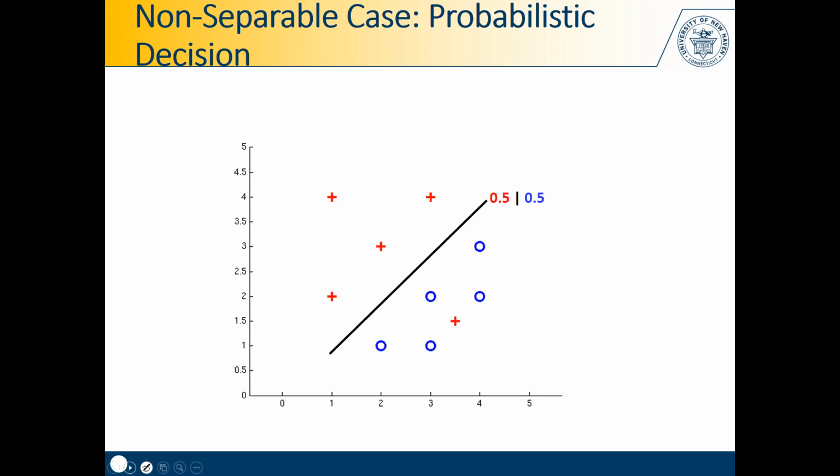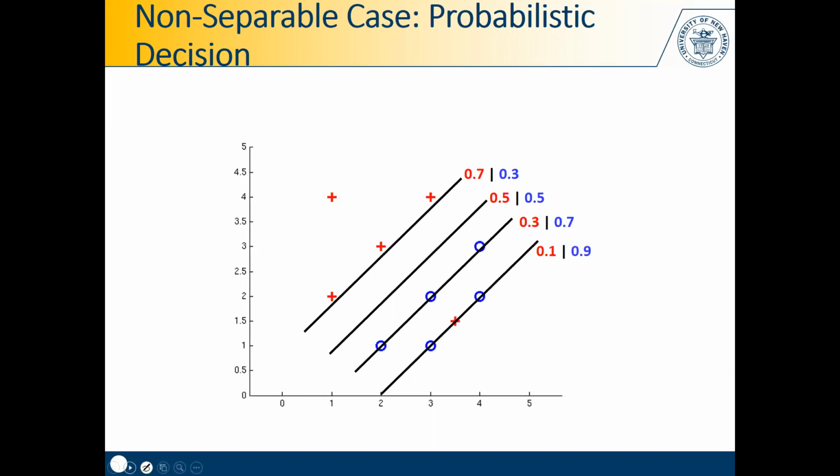To make it more clear, let's look at another example. Everything that lies on this line has 30% chance of being red and 70% chance of being blue. Let's look at another example. For this probabilistic decision boundary, everything that falls on this line has a 70% chance of being red and 30% chance of being blue.